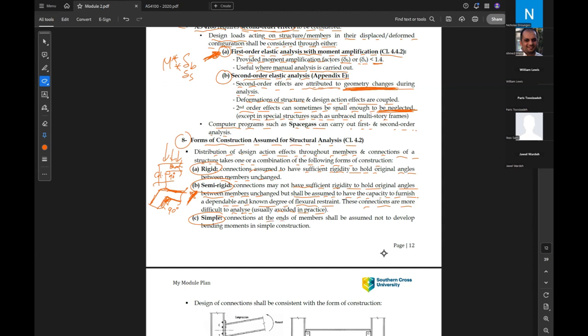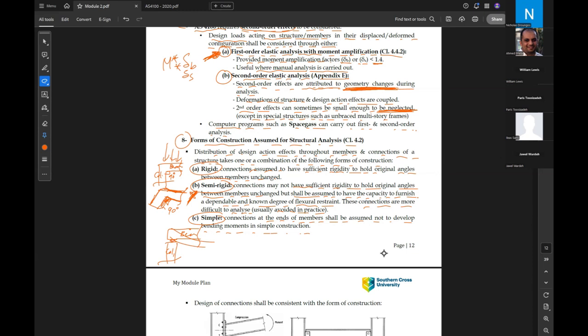The simple connections at the end of the member shall be assumed not to develop bending moments in simple construction. So for example, if you have a connection here, this is not a frame, so this is our beam and this is our column. The connection between both of them is different.